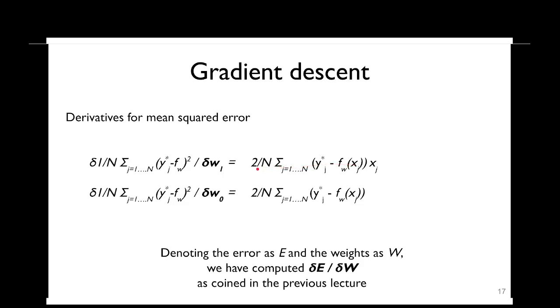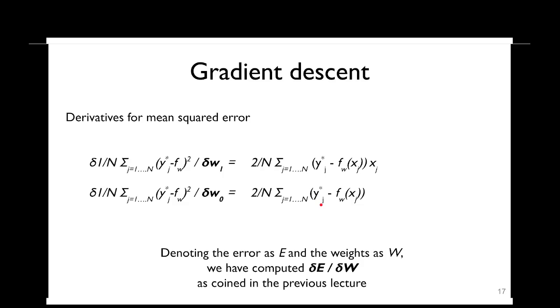That means we get 2 divided by n times the sum over all of the errors of the predicted and the known values, and for the case of w1 times xj. So that's important. That's here within the sum, this is a j over here, and this is xj over there. And for w0, that xj is missing, and the rest is the same. So, and that's actually quite important.